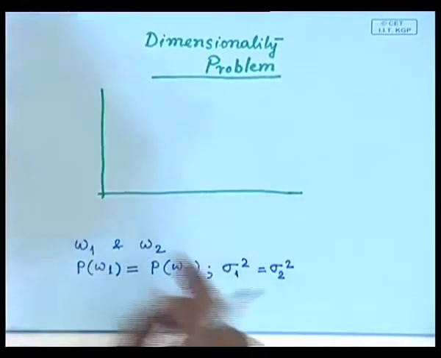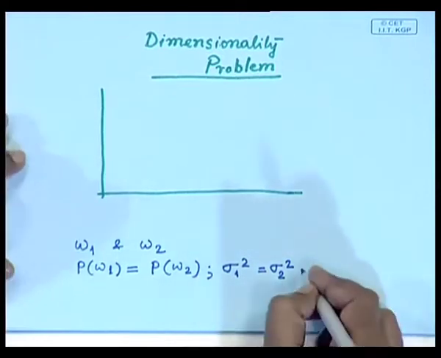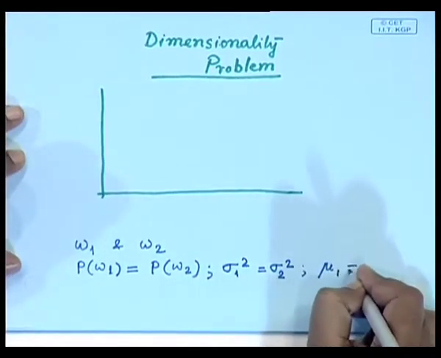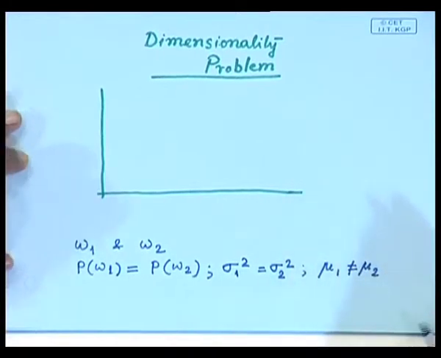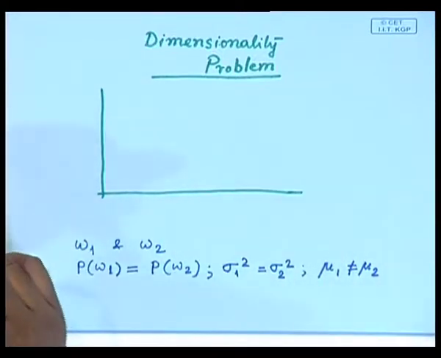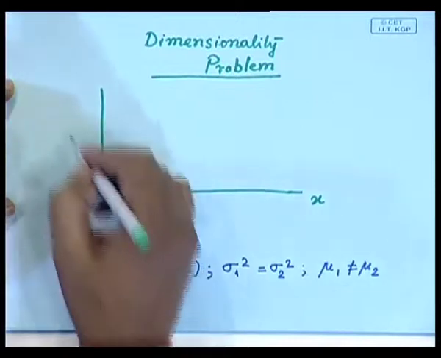That means both the probability density functions have the same size and same shape, but the means are different, that is, mu 1 is not equal to mu 2. Obviously, because if mu 1 and mu 2 were also the same, then I would have the same probability density functions, and they would not be different. So, given this, let me plot p of x given omega 1 and p of x given omega 2.